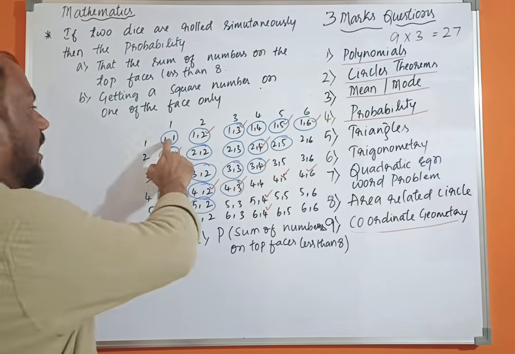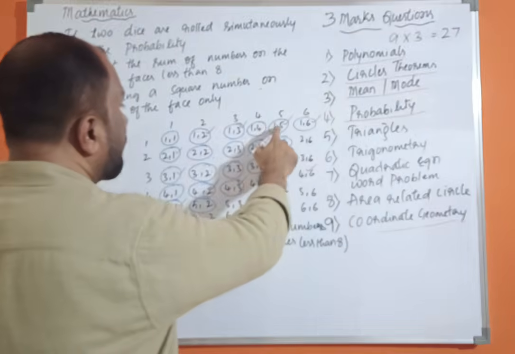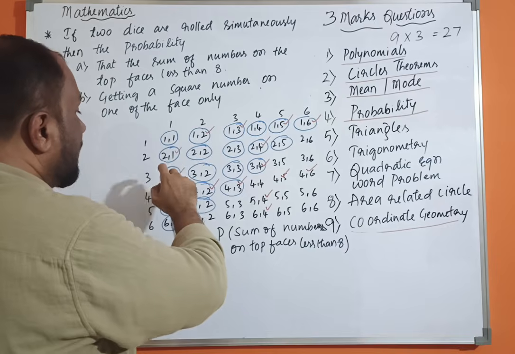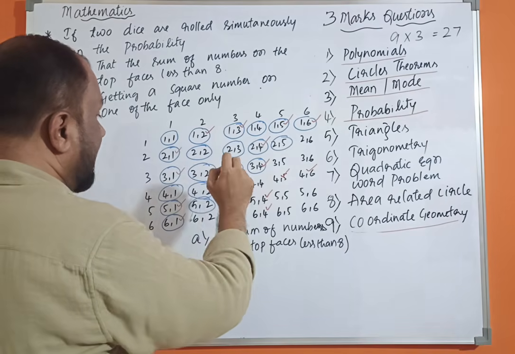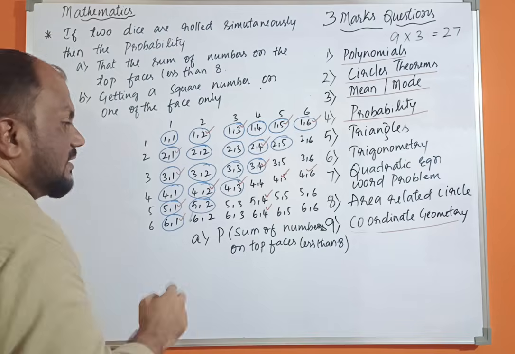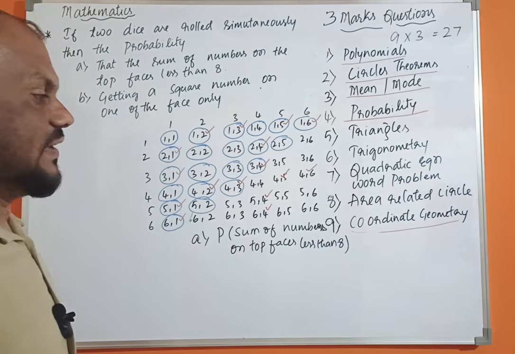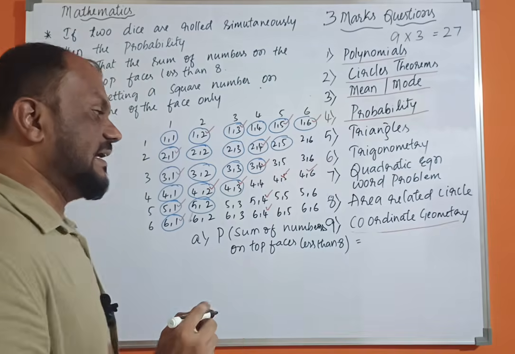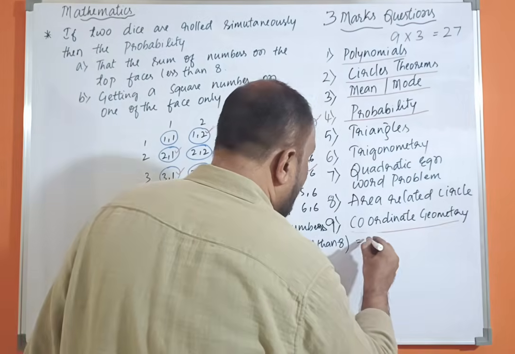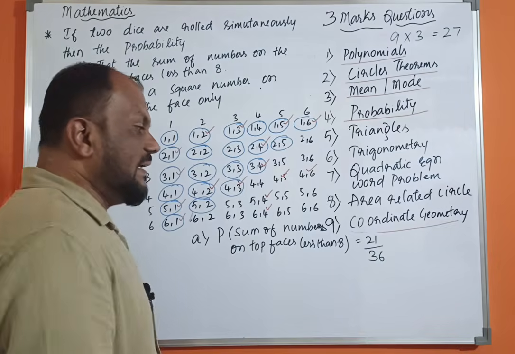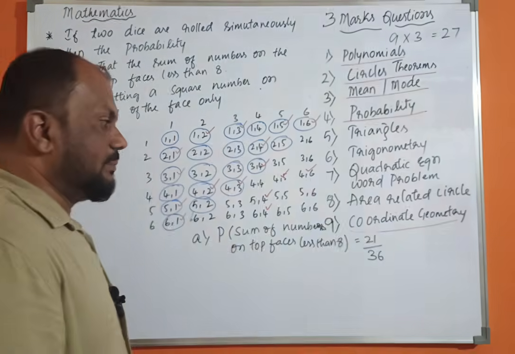So let us count 1, 2, 3, 4, 5, 6, 7, 8, 9, 10, 11, 12, 13, 14, 15, 16, 17, 18, 19, 20, 21. So there are 21 faces where you can get a sum less than 8. So your answer should be 21 divided by 36. 21 and 36 both are multiples of 3.